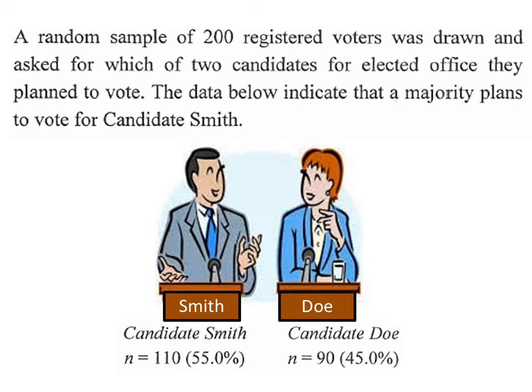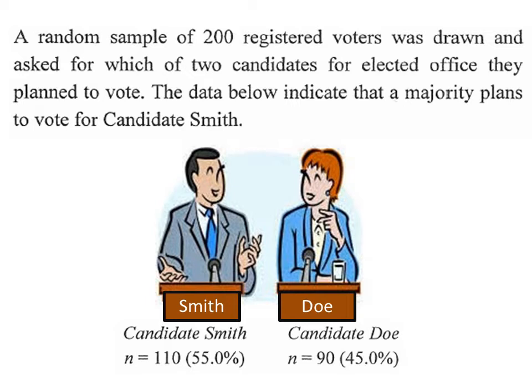So it is possible that the percentage of likely voters is evenly split, 50-50, and the difference of 10 percentage points, the 55% versus the 45%, is obtained because of sampling error. Remember, sampling errors are associated with random sampling.